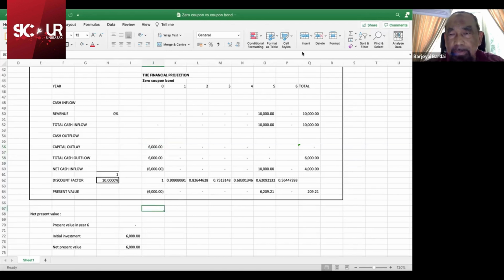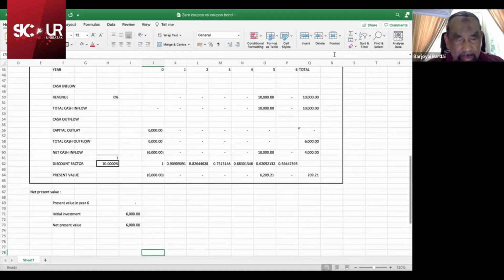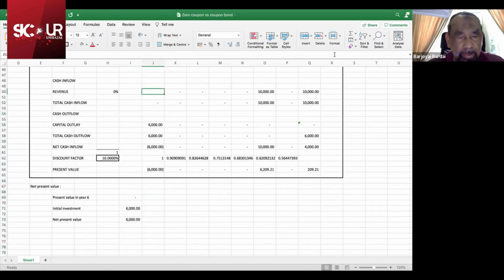For example, the present value in the 5th year, because the wording there is still year 6. In year 5, right?